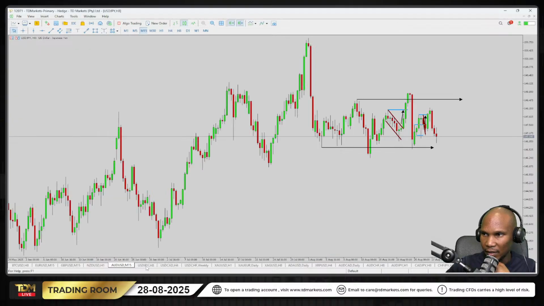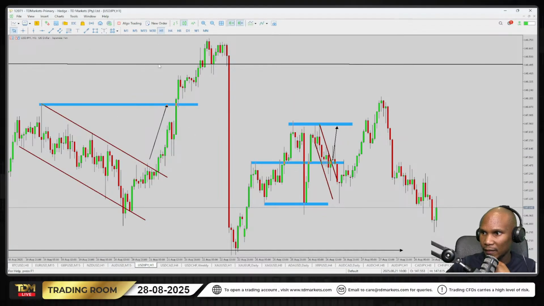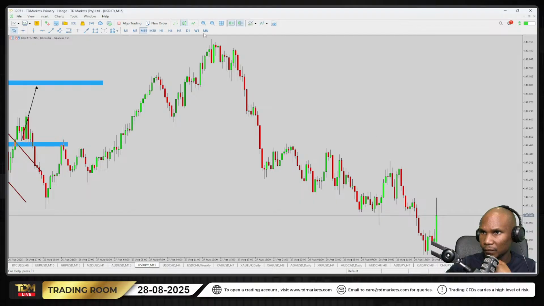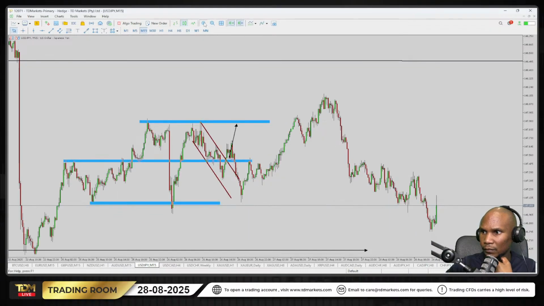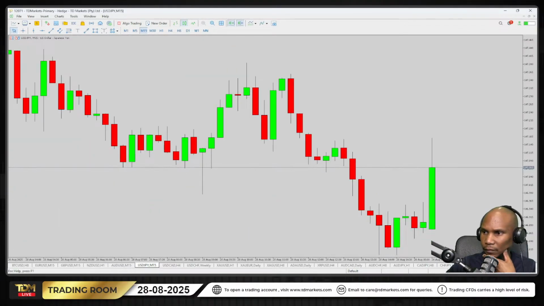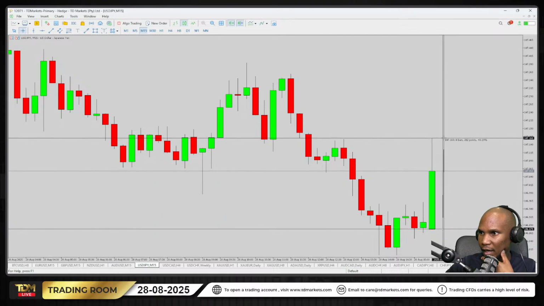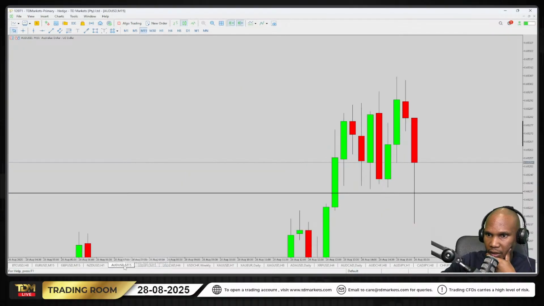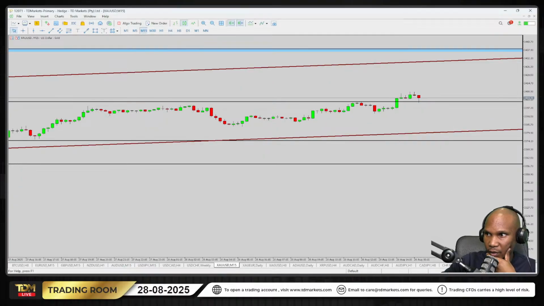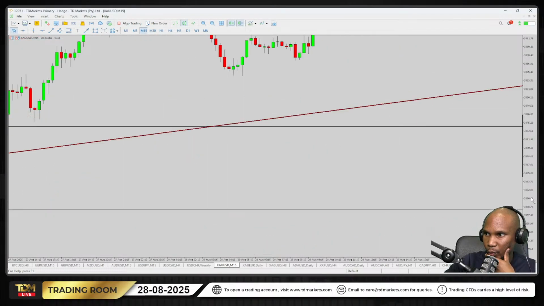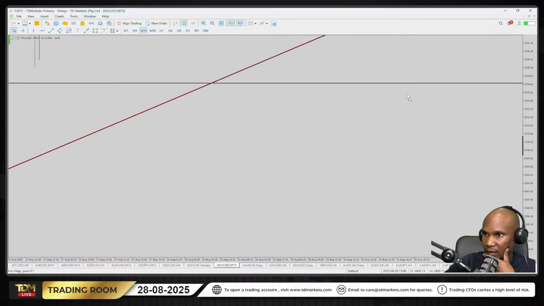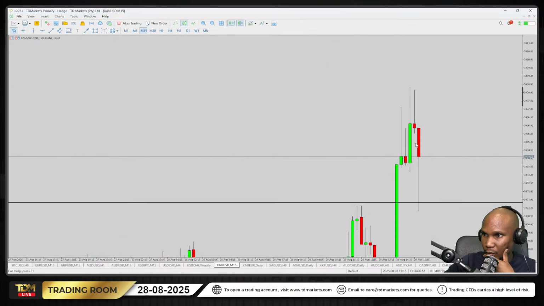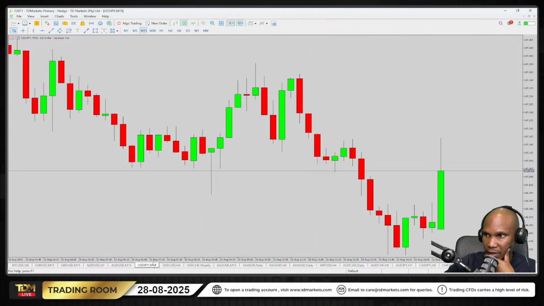Let's see. USD JPY went up at least 28 pips, at least. So let's see what USD JPY is gonna do, what AUD USD is gonna do. I don't think we're gonna look at gold on this one, right? So maybe USD JPY.